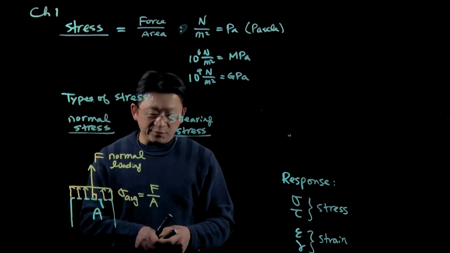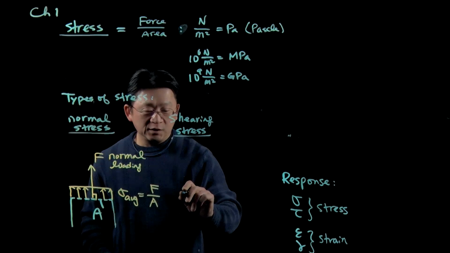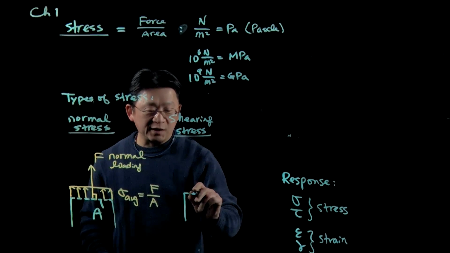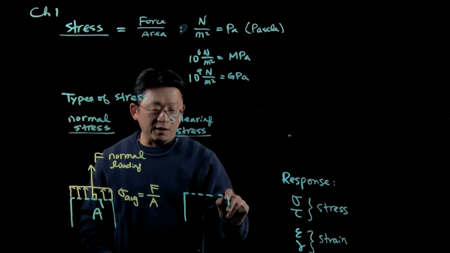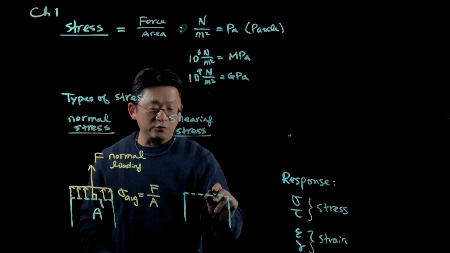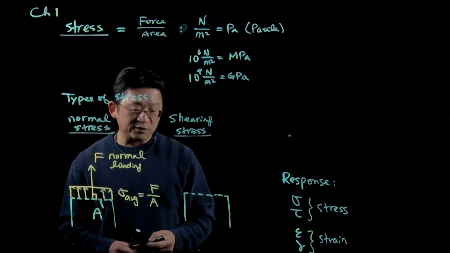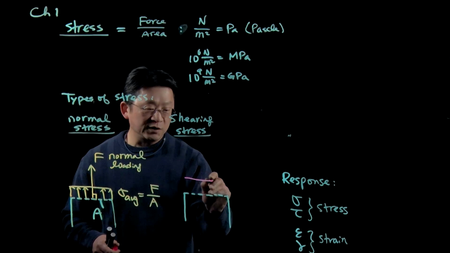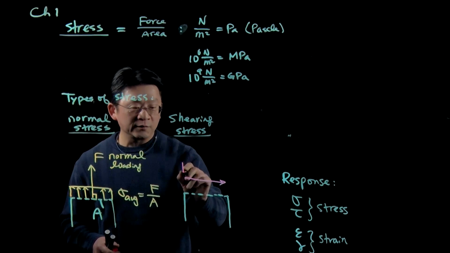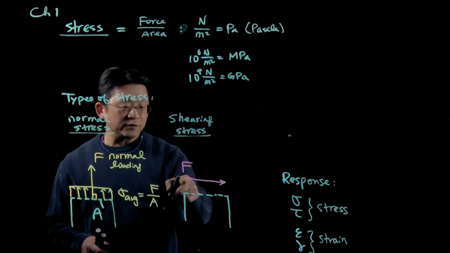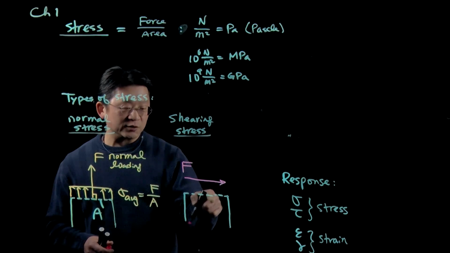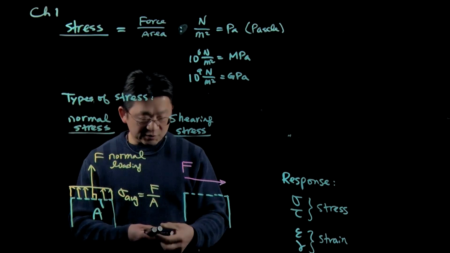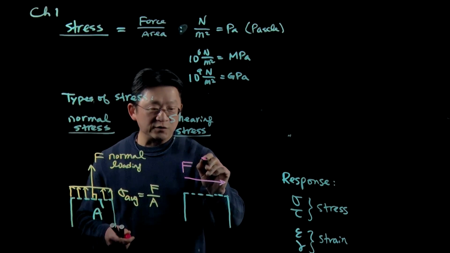The second type is the shearing stress. Consider again that we have a structure, and in particular we are interested in this cross section. At this moment, we consider a force in this direction, and you can tell this force is parallel to the cross section. So in terms of calculation, this is called the shearing force.